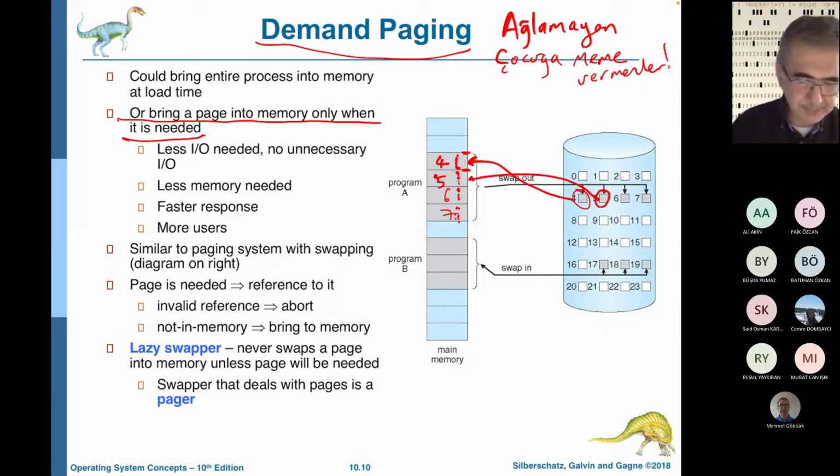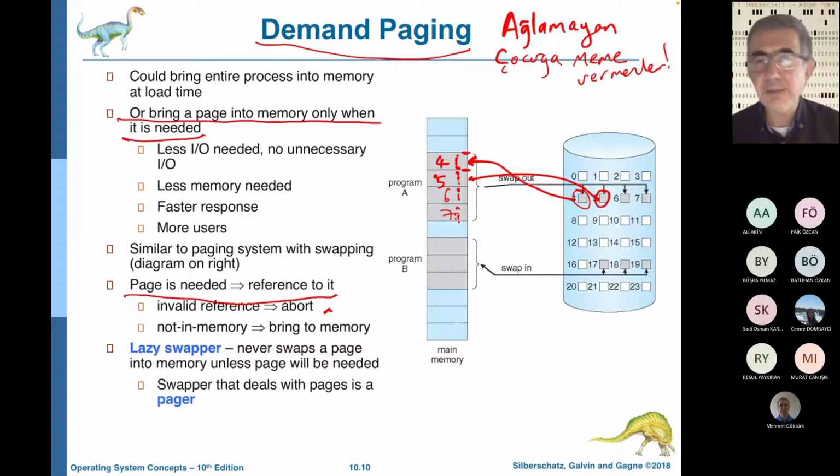The idea is, if the page is needed, just try to use it. If the reference is invalid, if you are referencing an unauthorized area, there is an abort process, an interrupt.